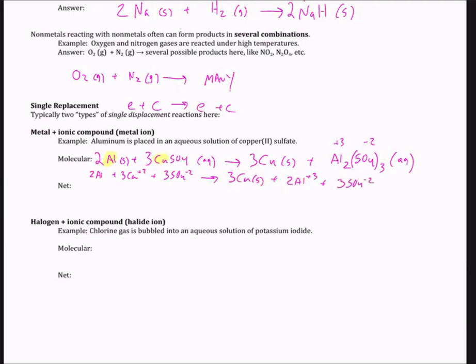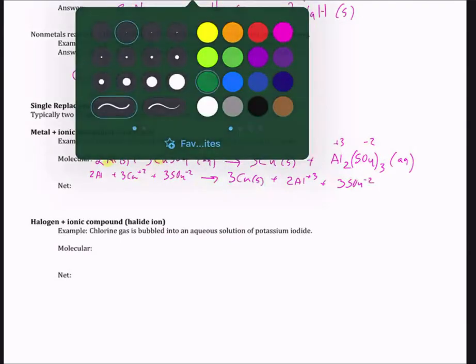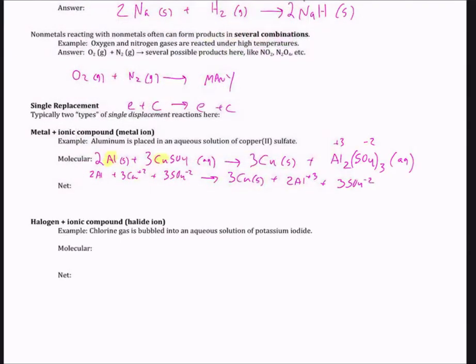What are my redundancies? What can be canceled? The sulfates. And so your net will be 2 aluminum plus 3 copper ions forms 3 copper solid plus 2 aluminum ions.